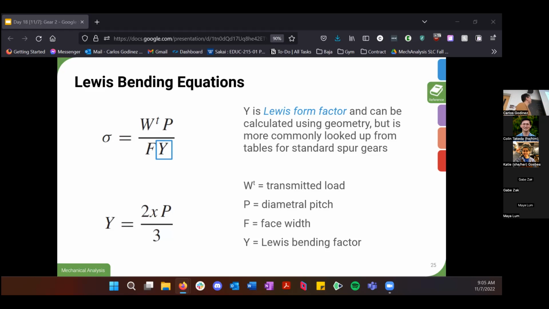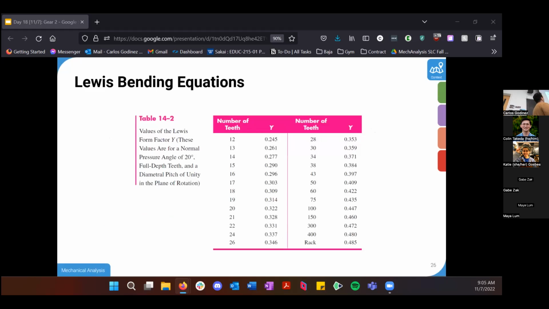The Lewis form factor you can calculate just based on the geometry of your tooth, but because we are using basically standard stock gear geometry where the equation's been solved already, it's more common to take this equation and for Y, just look it up on a table. So again, transmitted load, diametral pitch, which will be in inches, face width, and your Y factor, which is unitless.